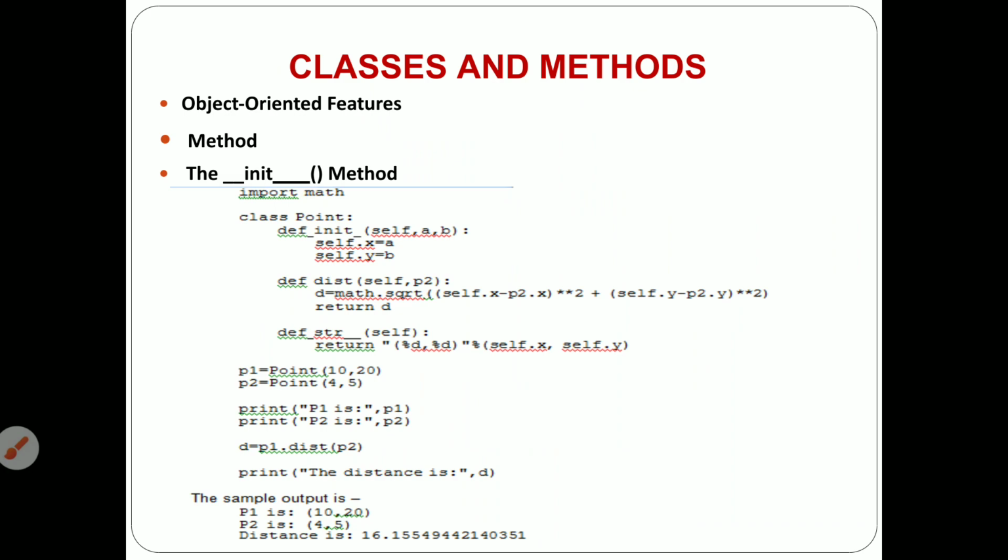Here I am using the next method, __str__. This is a special method, the string representation of a user defined object. In the user defined class, objects get their own representation as a string.